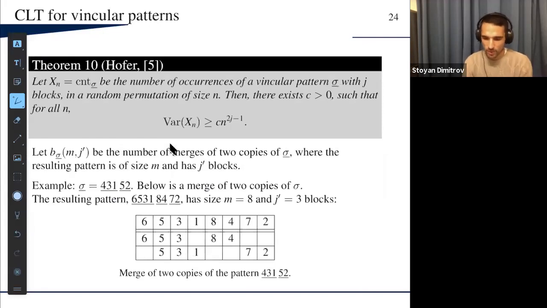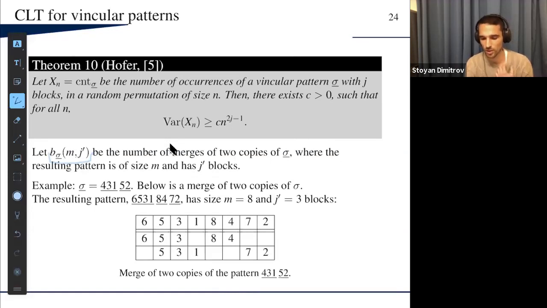And we basically got a lemma for vincular patterns similar to the one for classical patterns. This new lemma involves this quantity B sigma mj prime, which is similar to the A's from the classical case. But here we also look at the number of blocks of the resulting pattern.